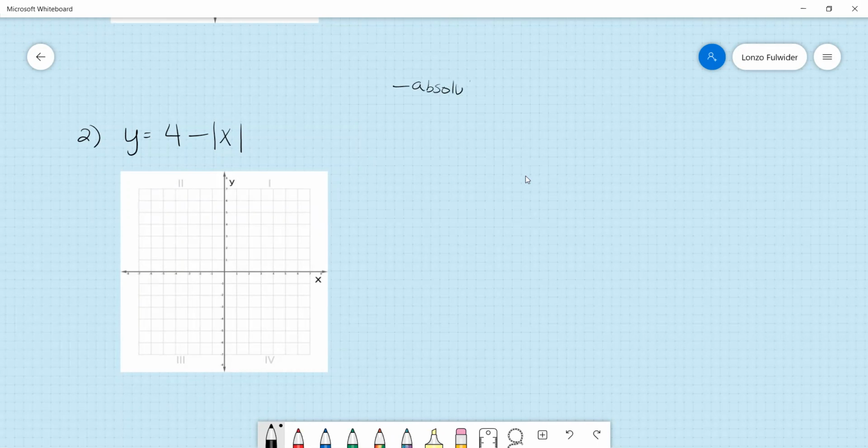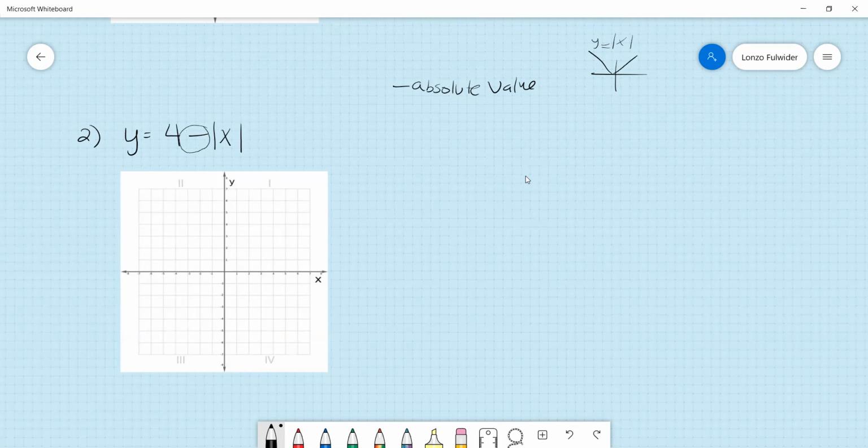And if you recall, absolute value graphs have that V shape. So it kind of looks like this. This is y equals absolute value of x. Okay, what else do we know? Do you see this negative right here?